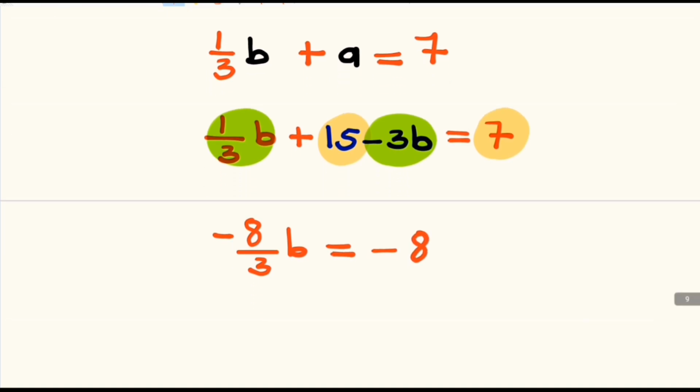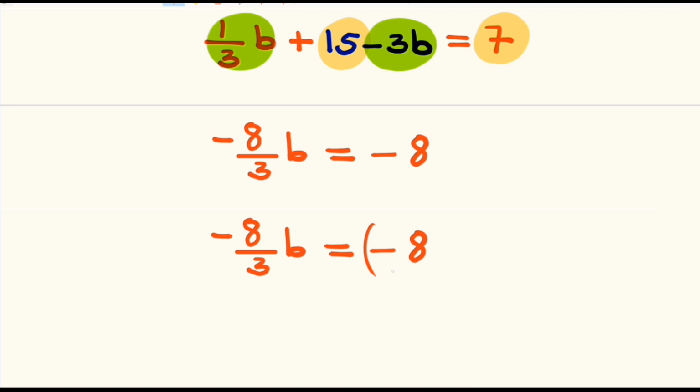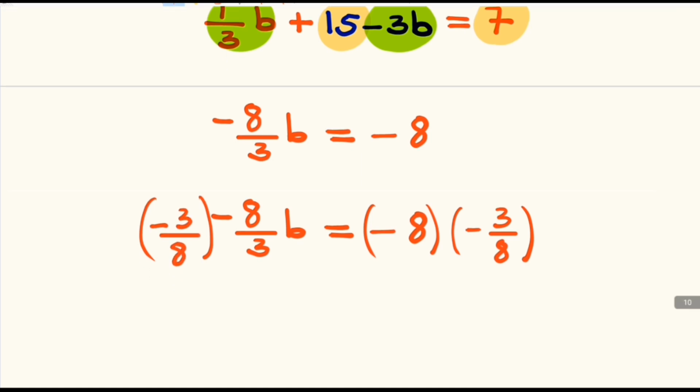We multiply both sides of the equation by negative 3 divided by 8, and the numerical value of the b will be equal to positive 3.